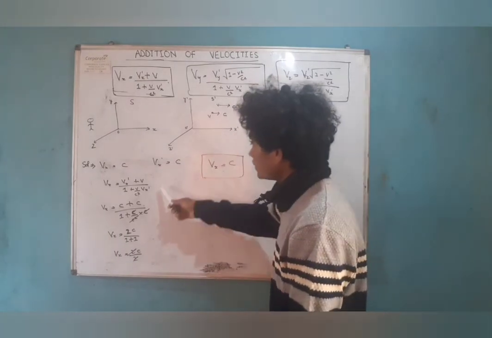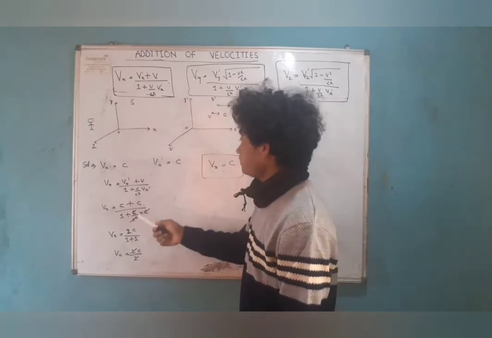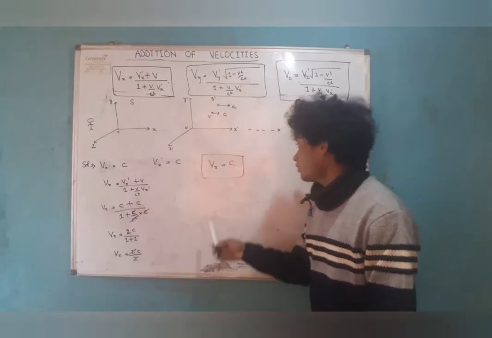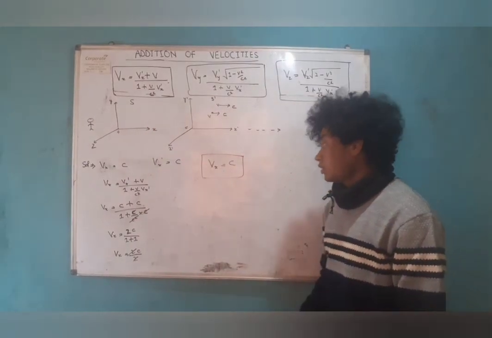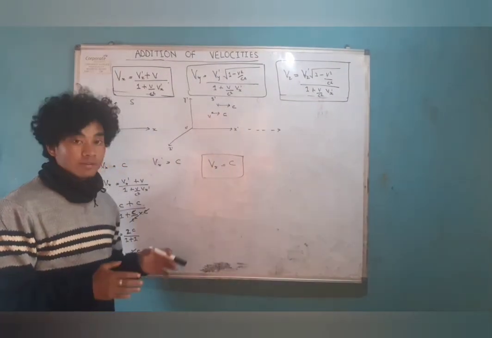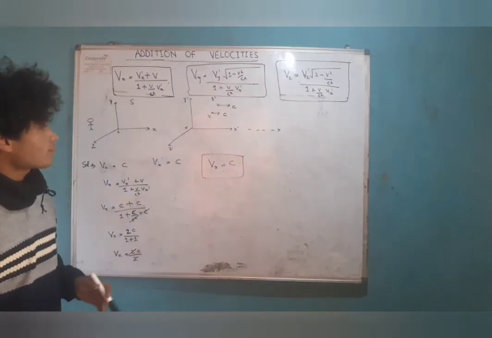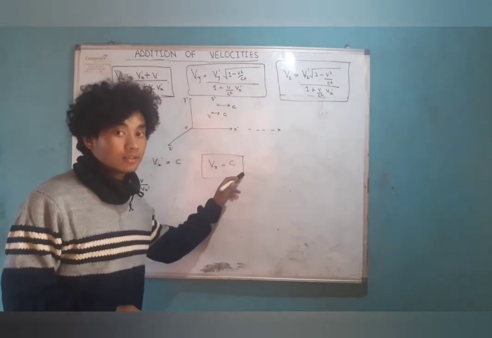So by using the formula for addition of velocity in the x direction, we got Vx equals c. So what we conclude from this numerical is the constancy of light.